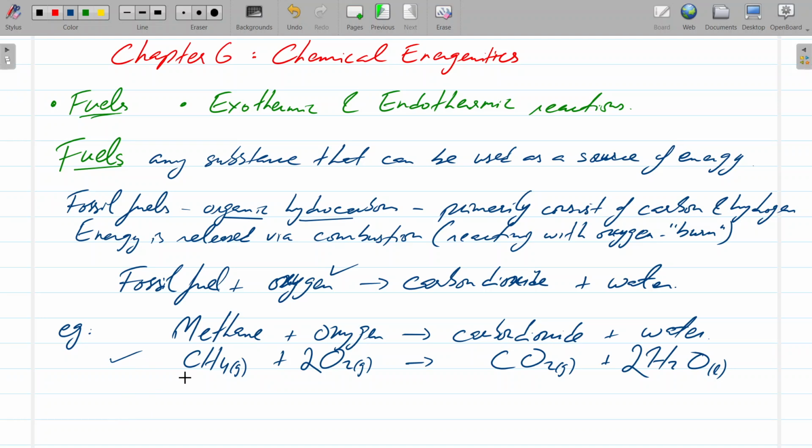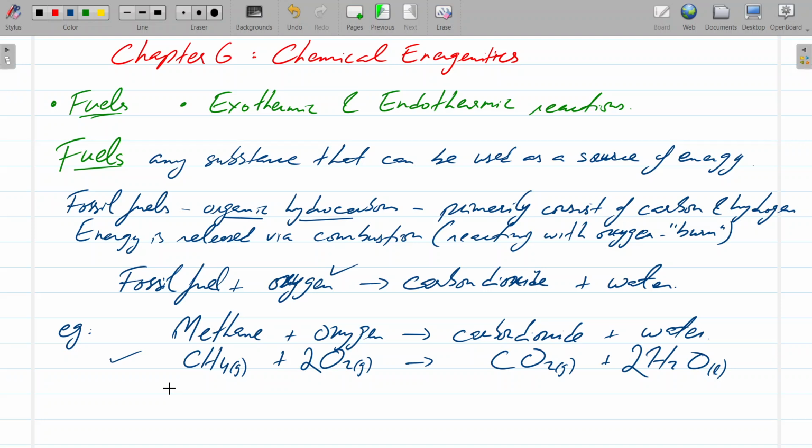Now, as you've obviously noticed, we did balancing equations way back when, but whenever an equation pops up, I ask you to balance it. So that's something we're practicing on the go. So this is what you would expect to get. And natural gas is primarily methane.